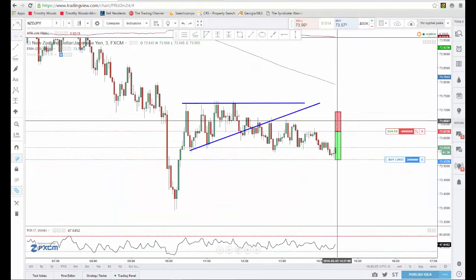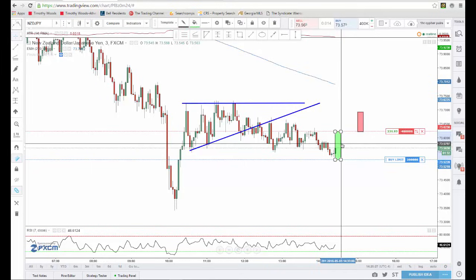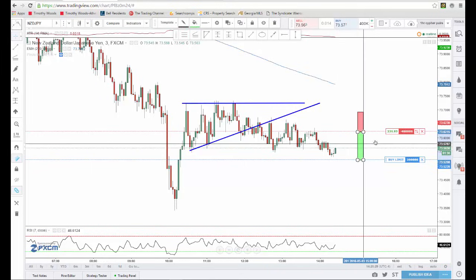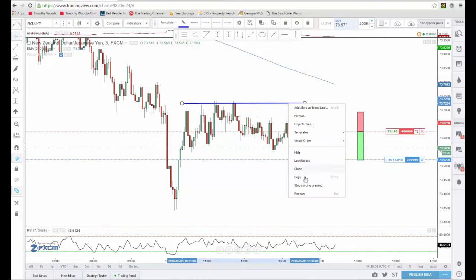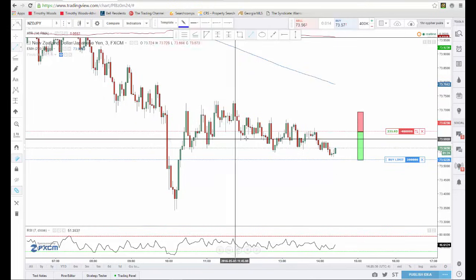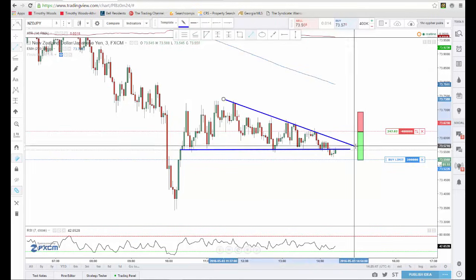getting stopped out. Here on the 3-minute chart you'll see that we've actually put in a descending triangle as well and broken through the support level of that descending triangle just a few minutes ago. We'll draw in our support level here and our descending resistance here.